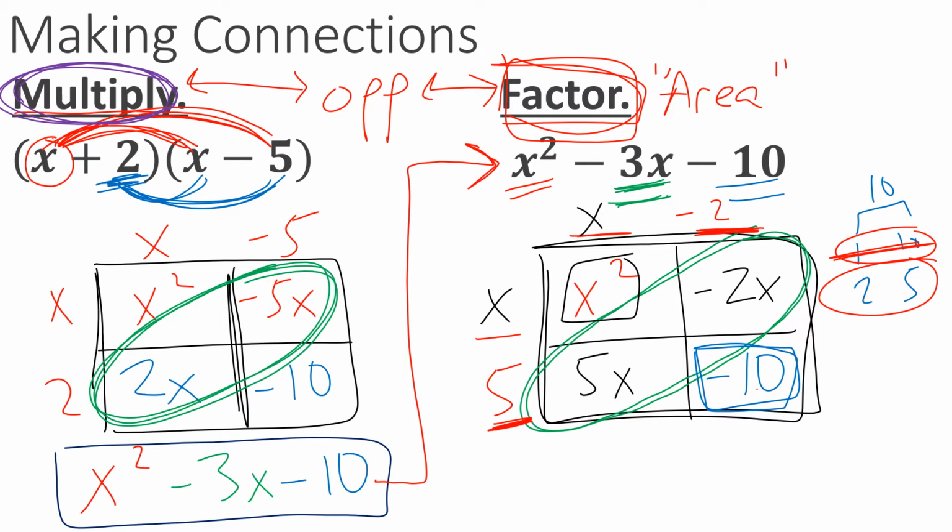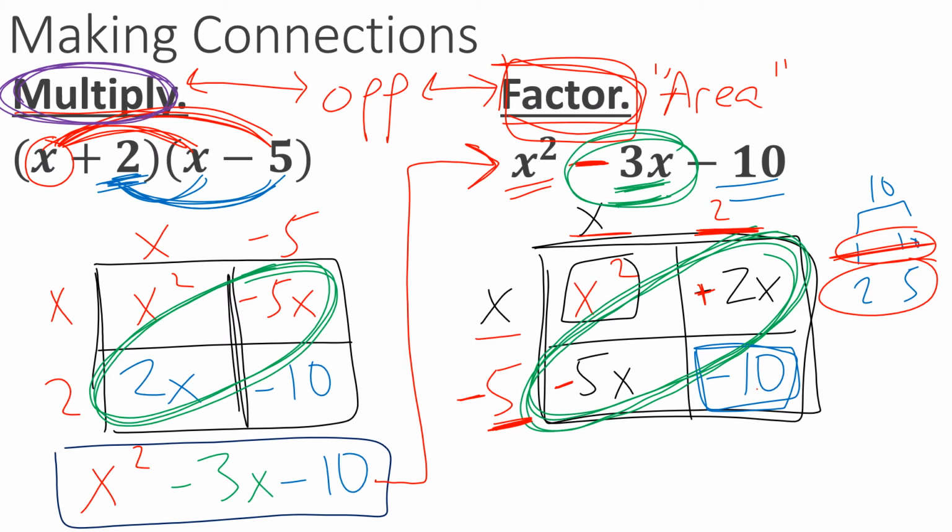At this point, those two things add up to 3x, but I need it to add up to -3x. So if I switch the sign, x and a -5 and then x and a +2, now this is +2x and this is -5x, and now those two terms added together get me -3x.